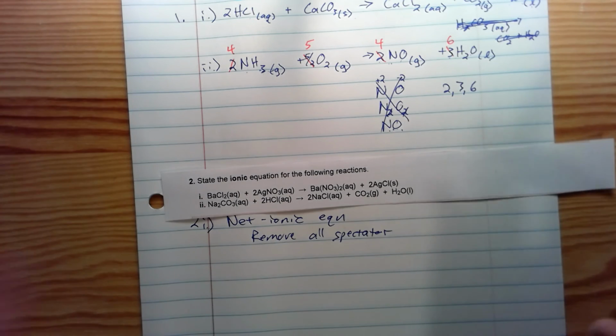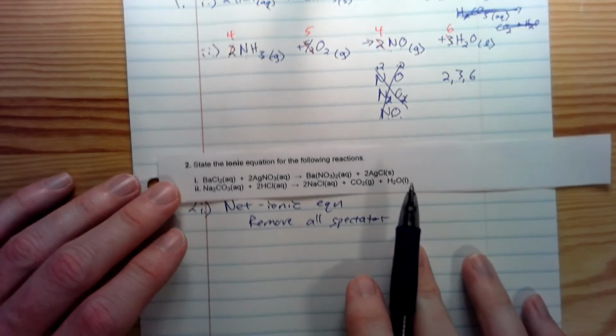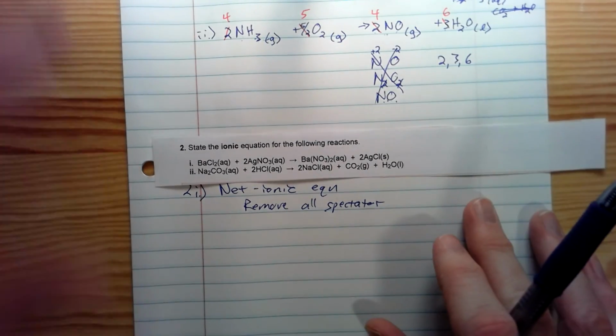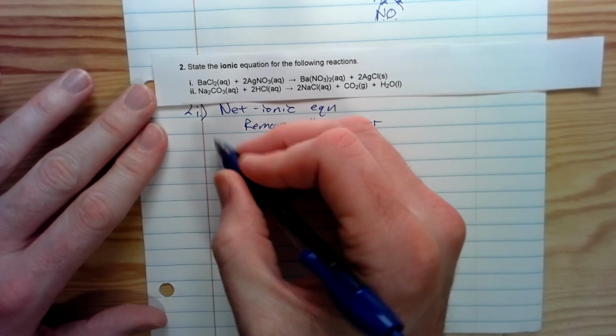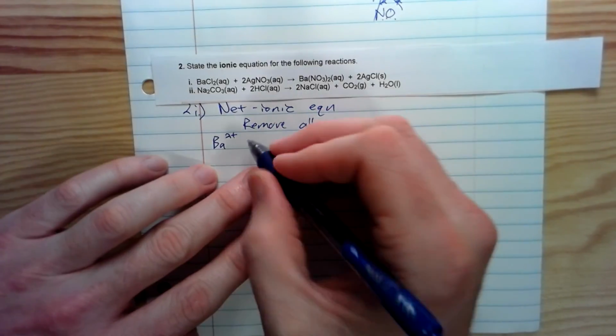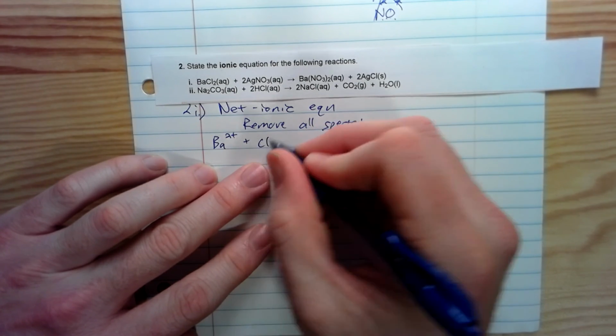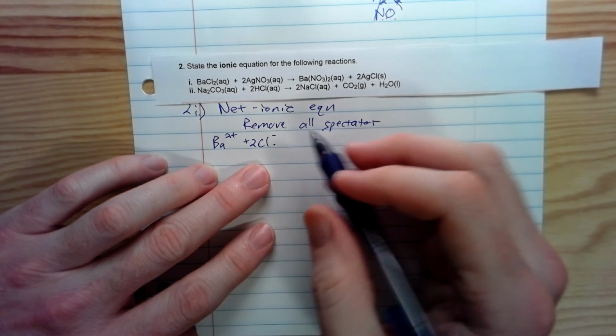So we have to try to break this first one apart and see if we can figure out which one is a spectator. Now, the way that we do that is we're going to take barium, and that was a 2 plus. And then we have chlorine. I'm going to ignore state symbols right now because they're kind of annoying.